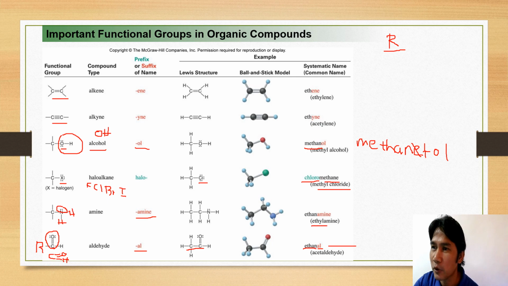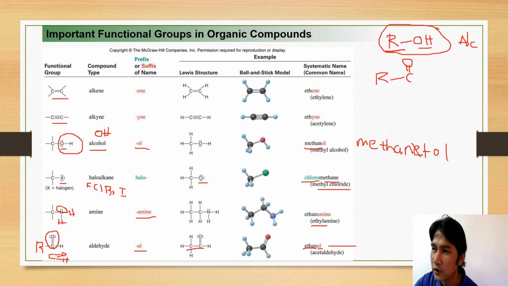For example, for alcohol, the functional group is OH, the hydroxyl group. When OH is connected to R, this is the general formula of an alcohol. For aldehyde, remember, this is the carbonyl group.